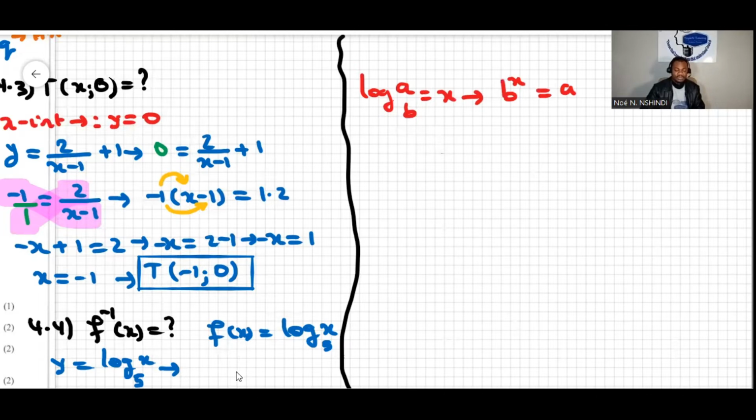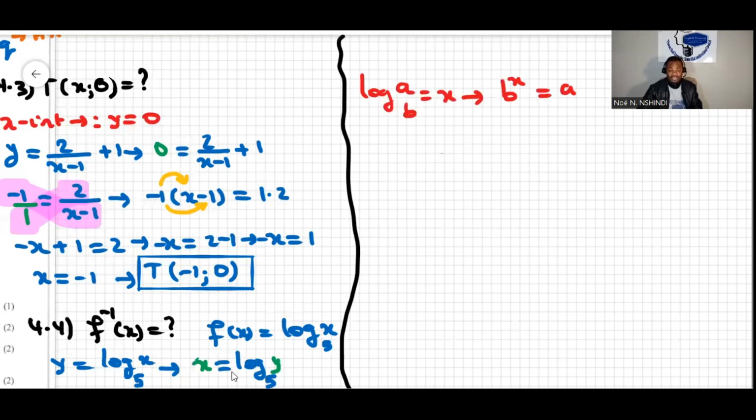It was that, but now when we work out the inverse of a function, you change the order. You swap the values, x becomes y, y becomes x. So this becomes x equal to log of y base 5.